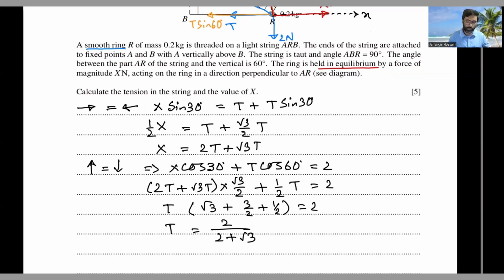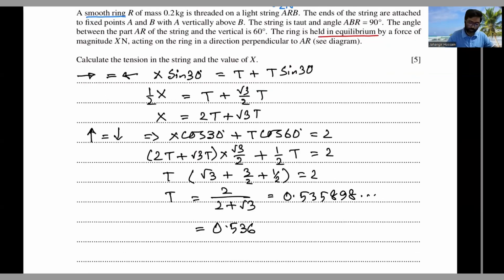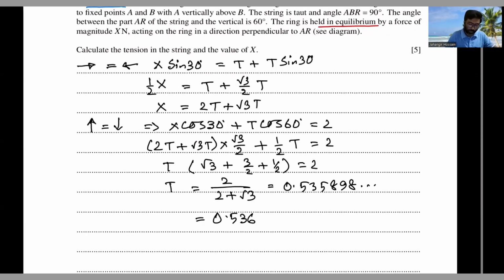If you calculate it, how much is 2 divided by 2 plus root 3? That's 0.535898. Keep it correct to 3 significant figures, so this is 0.536. Remember, to calculate X you need to use the value of T, but you must use the exact value while calculating X. So X is T times 2 plus root 3, that is 2 by 2 plus root 3 times 2 plus root 3.